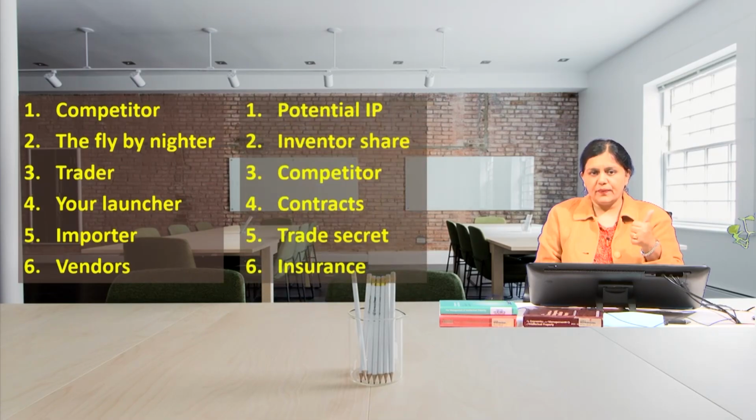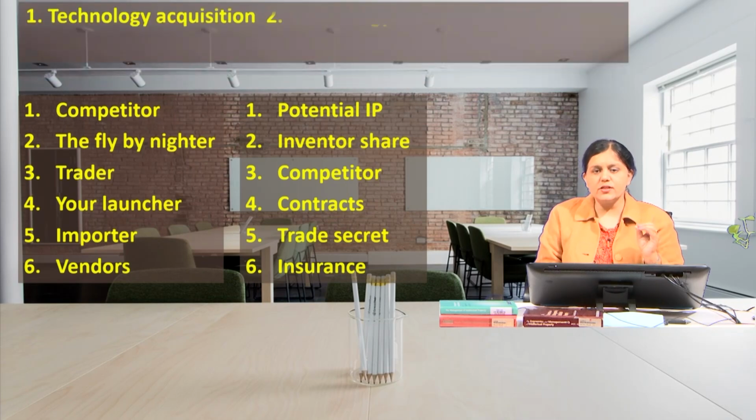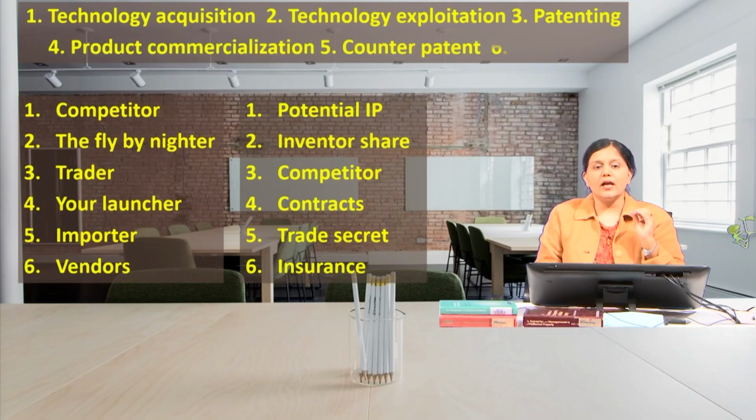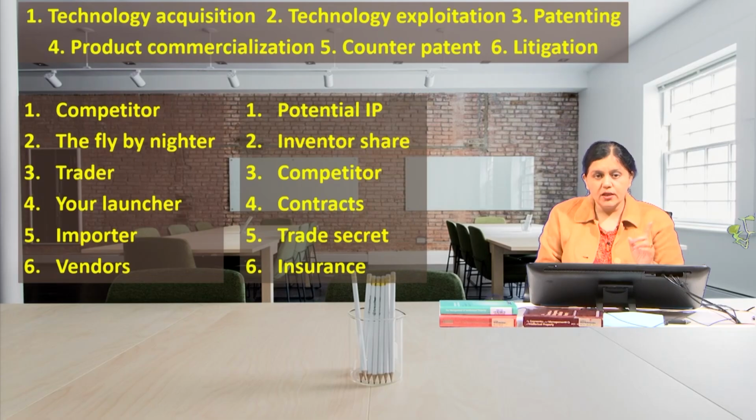Potential IP, inventor share, competitor, contracts, trade secret and insurance. And what different patent and technology strategies are you using? Technology acquisition strategy, technology exploitation strategy, patenting strategy, product commercialization strategy, counter patenting strategy and a litigation strategy.